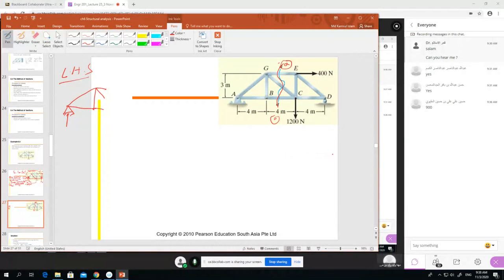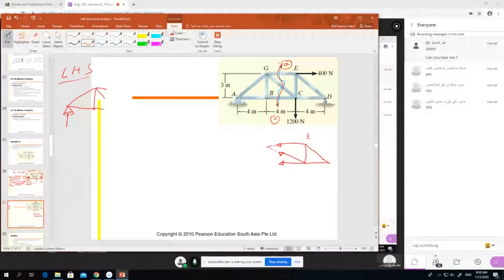And if we now draw the right hand side, another one this, another one this, and then this. This will be imaginary connected here.